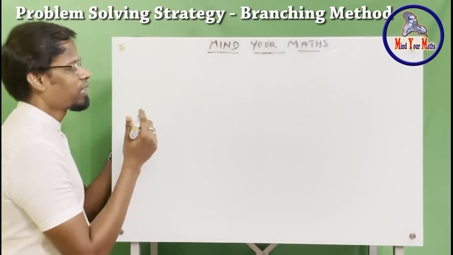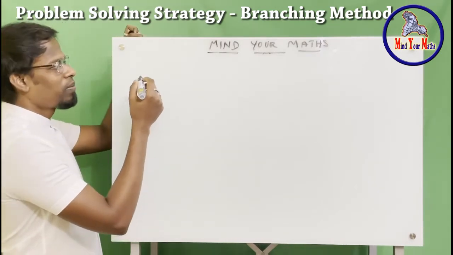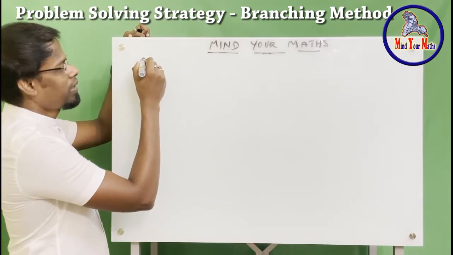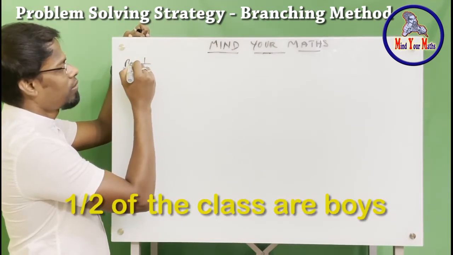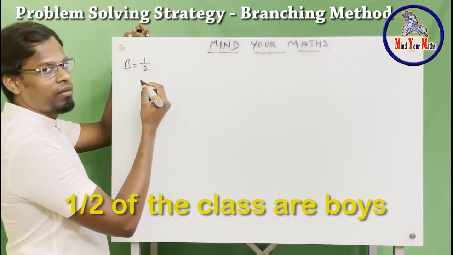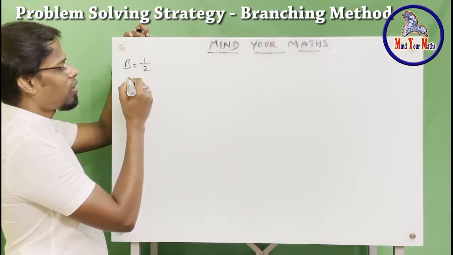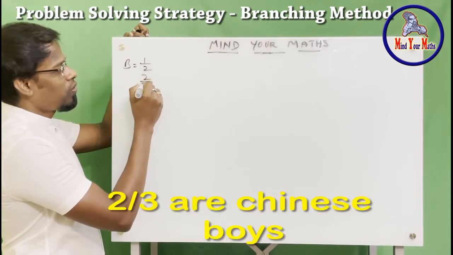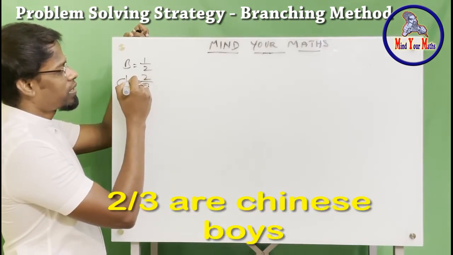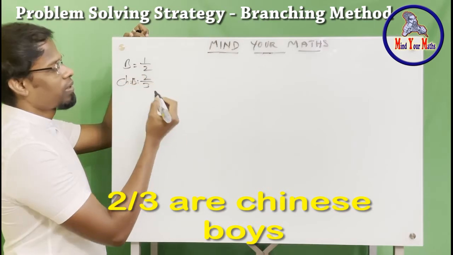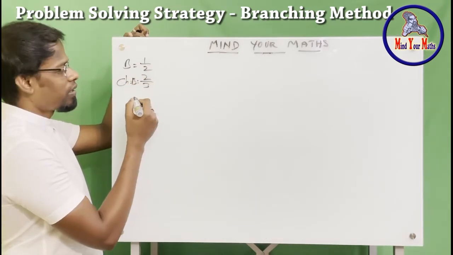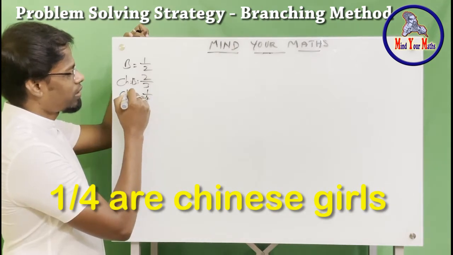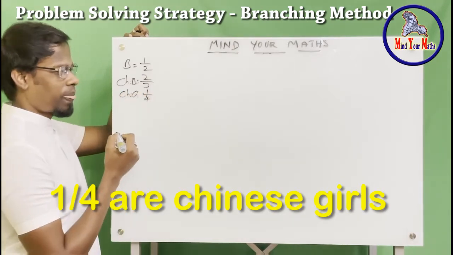So what the problem gives is that in a classroom, half are boys, and it also says that 2/3 are Chinese boys, and also it says that 1/4 are Chinese girls.